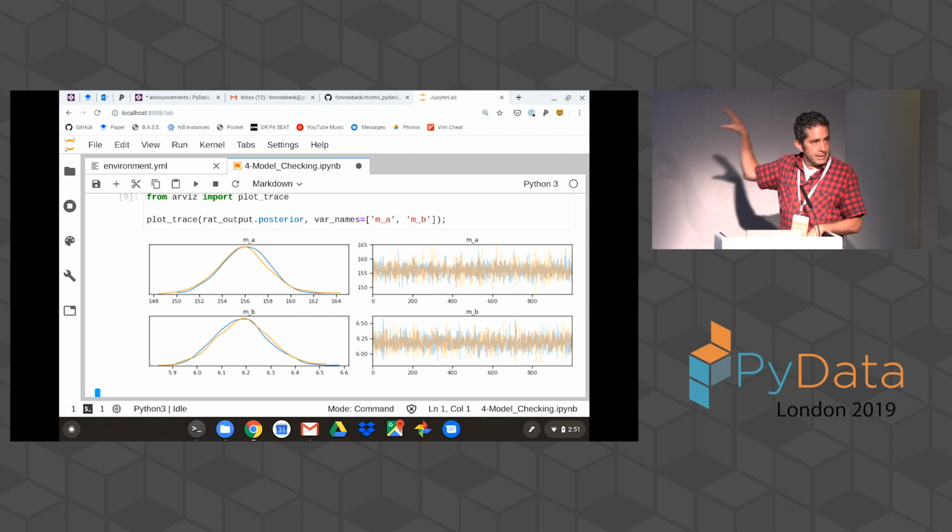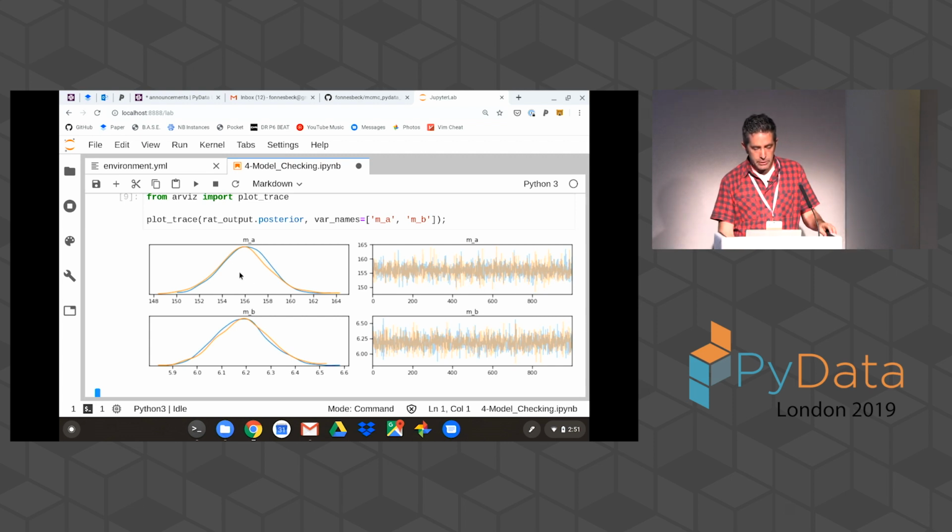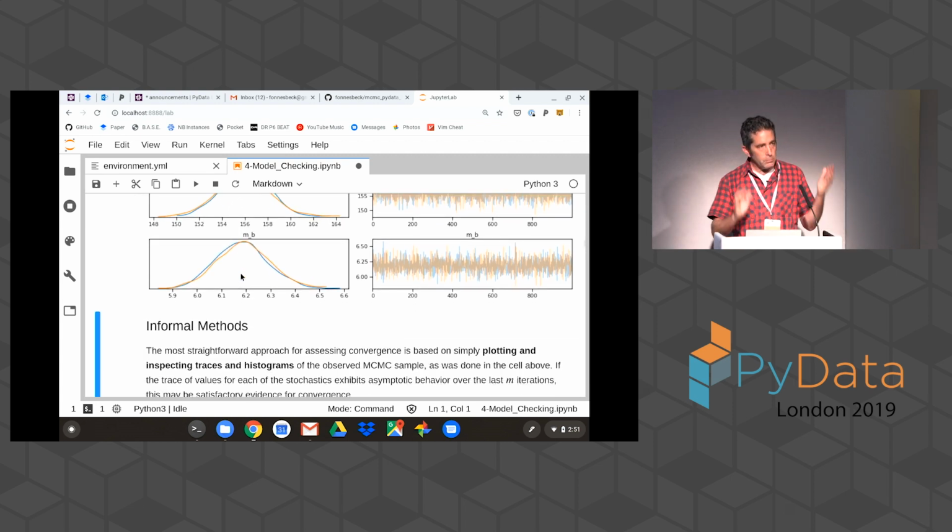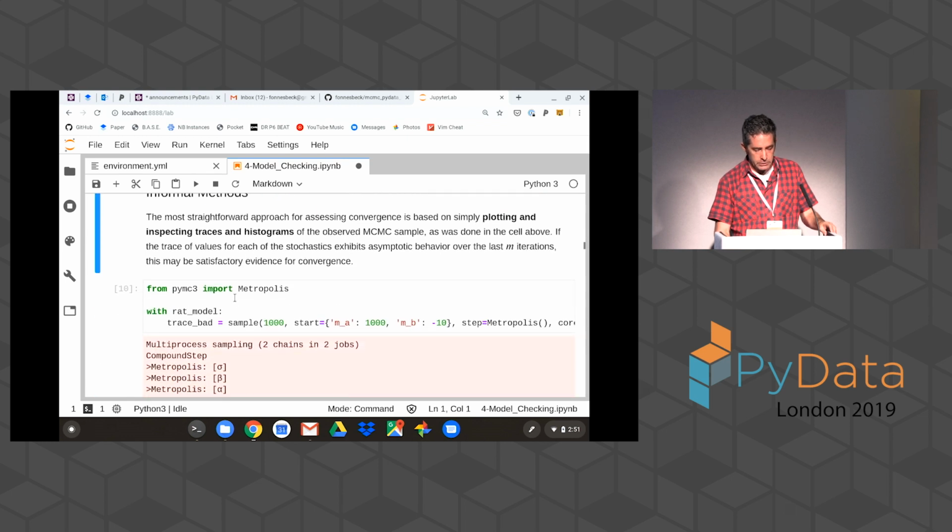And we have a nice, relatively homogeneous trace. It's not trending in any way. The variation isn't changing over time, and we have nice, neat, symmetric KDEs, or histograms, over here as well. So always the first step, just to see what it looks like.